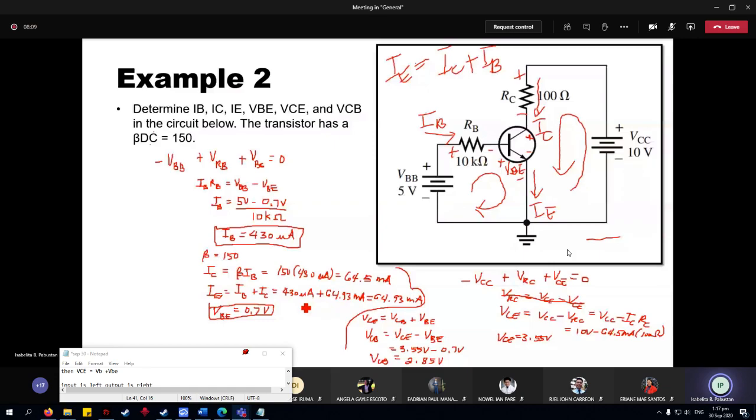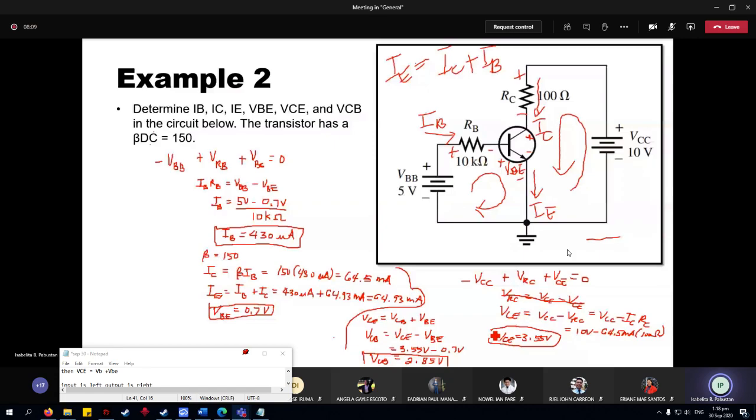You do not rely simply on formulas that are not standard, that were derived from the standard formulas. So, the formulas that do not change: IE equal to IC plus IB, beta is equal to IC over IB, alpha is equal to IC over IE, and VCE is equal to VCB plus VBE.